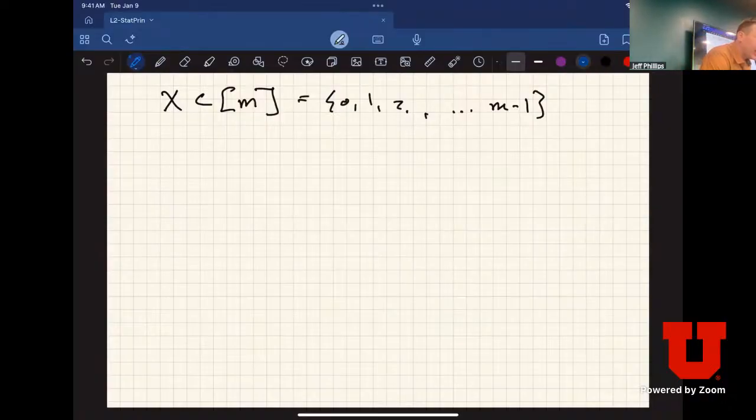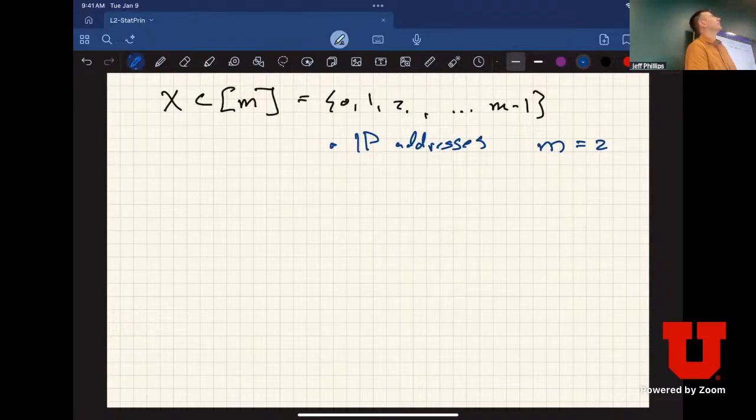So examples could be IP addresses. M is something like 2 to the 16? No, it's like 10 to the 16.